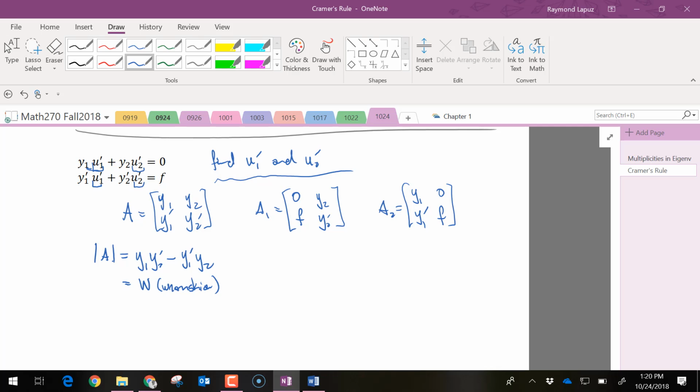But the determinant of A1 is going to give us 0 minus f times y2, and the determinant of A2 would give us y1 times f minus 0.